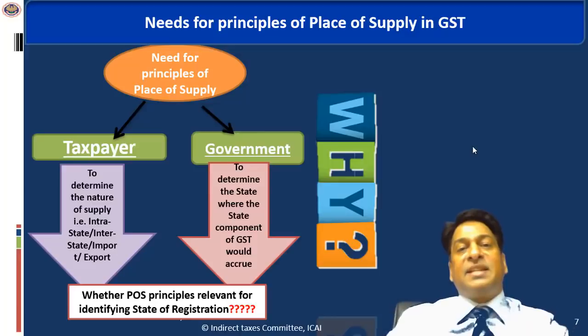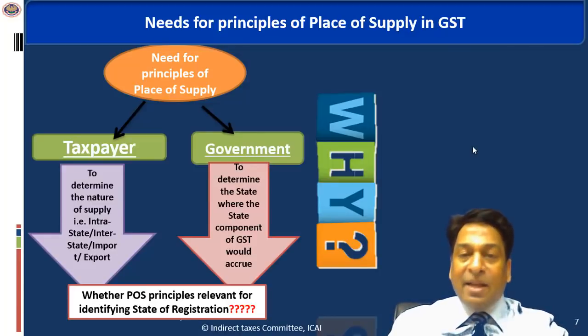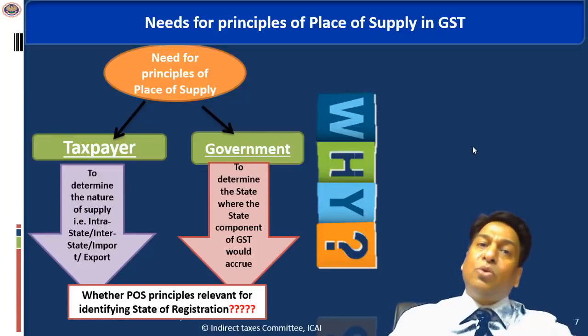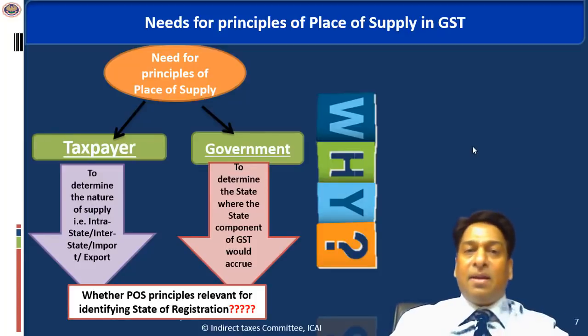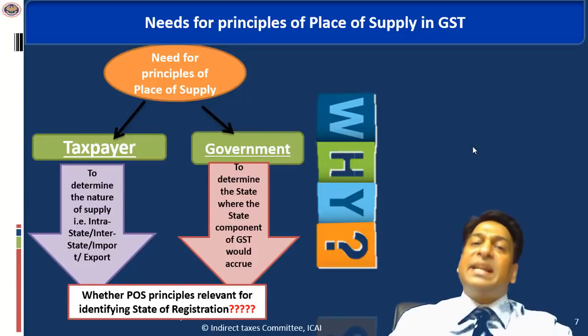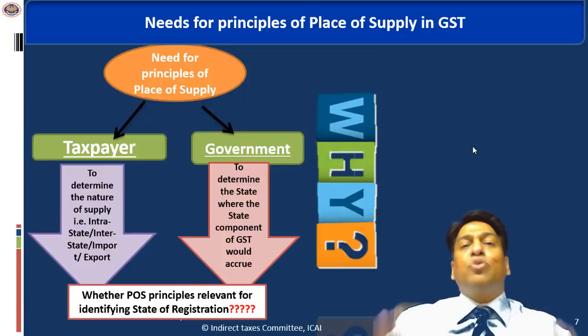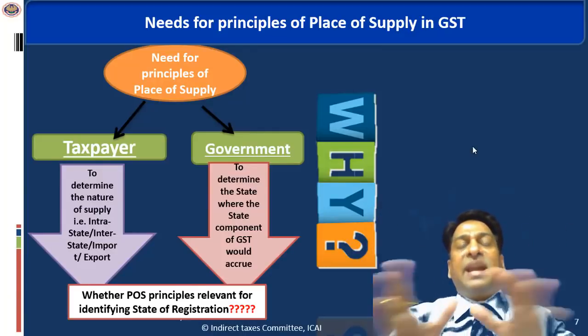In this example, I'm supplying goods or services from Delhi, but it is going to Haryana. Haryana will get the SGST component, but registration is to be taken in the origin state.